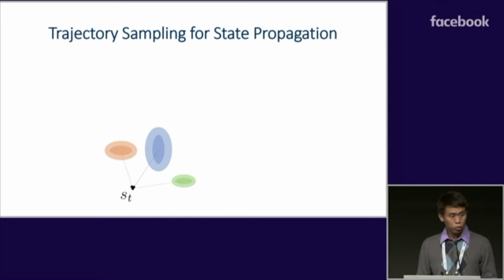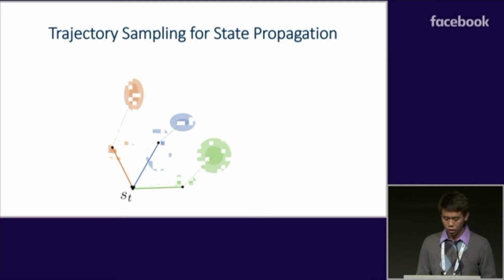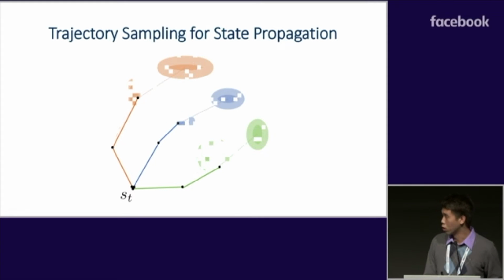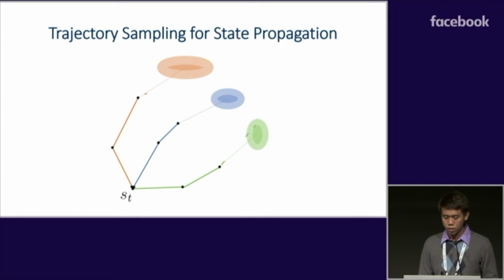We sample from this distribution, and we perform this prediction recursively. So we get new distributions, we sample again, and then we sample once more. This then gives us a bunch of samples of the possible trajectories as predicted by the model.